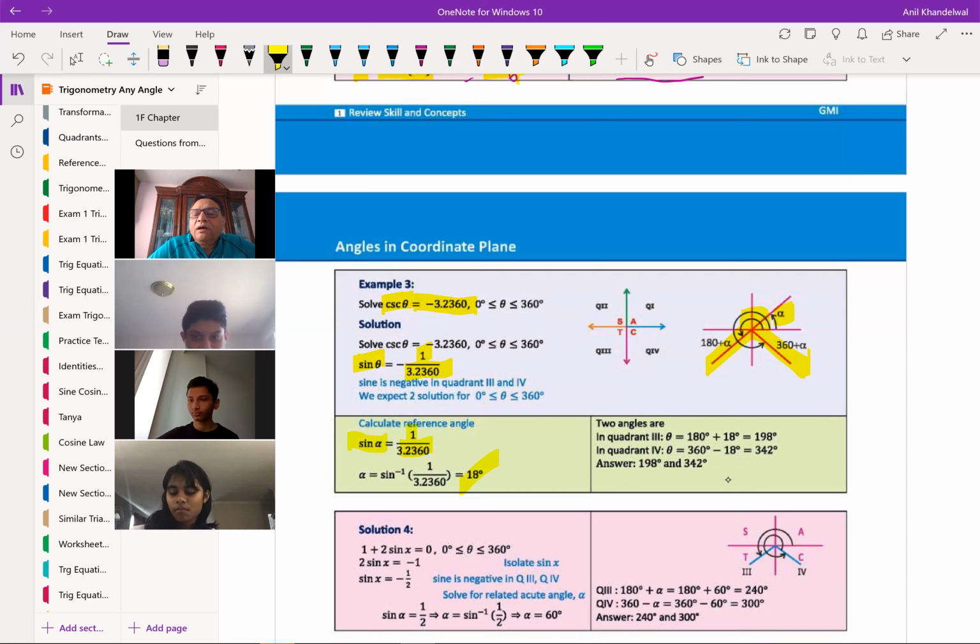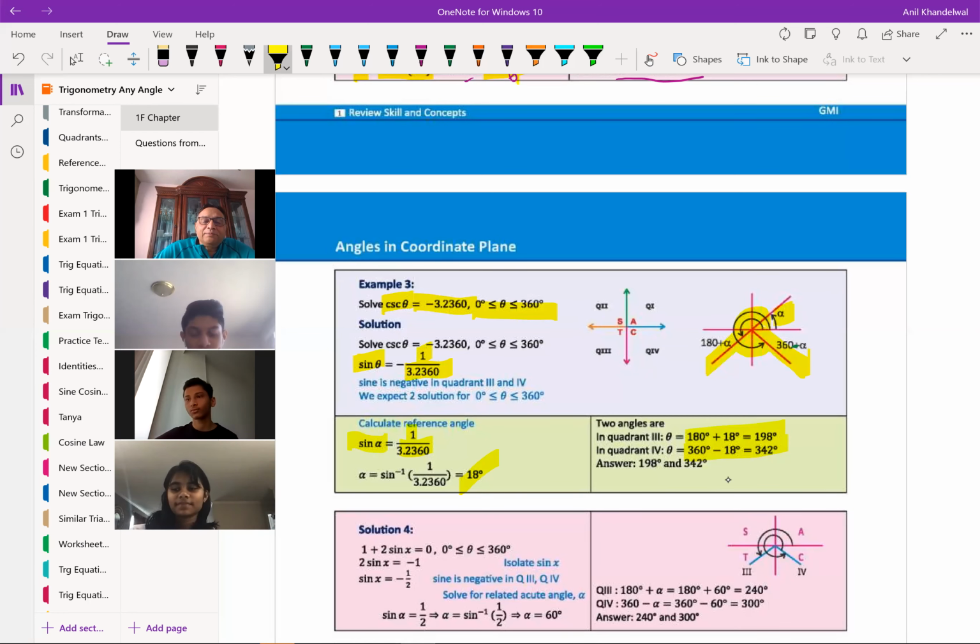The other one is 360 minus alpha. 180 plus 18 is 198, 360 minus 18 is 342. So those become the two solutions in the given domain of 0 to 360 degrees. Is that clear to you?